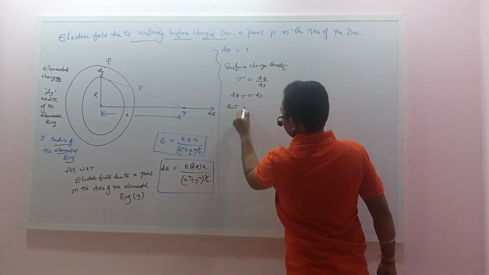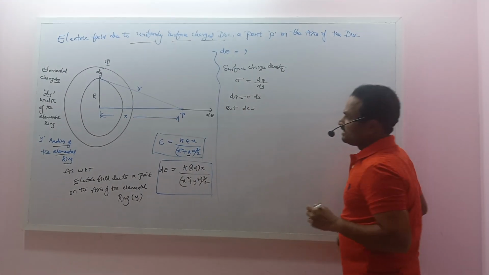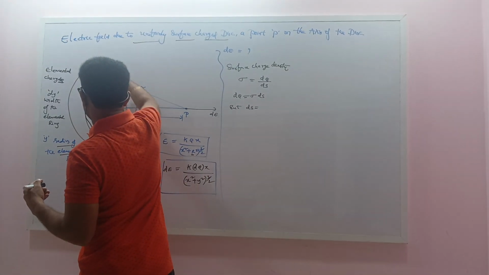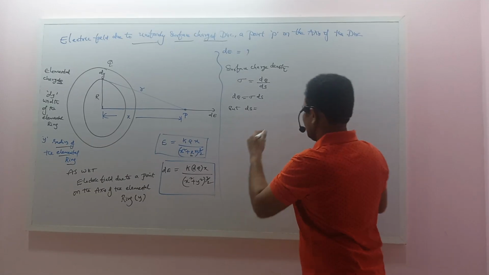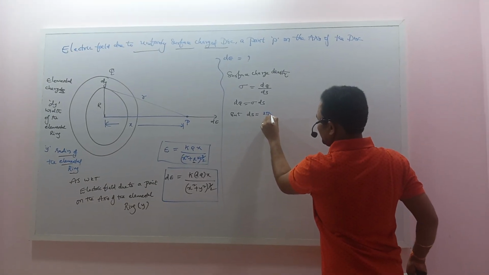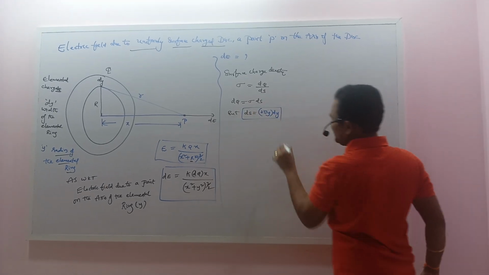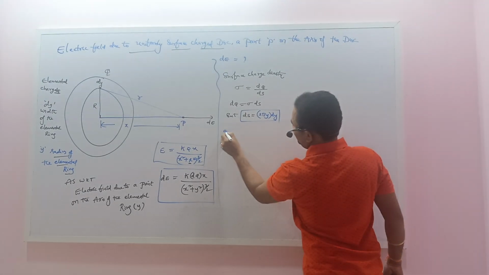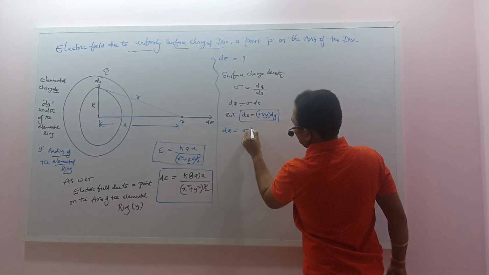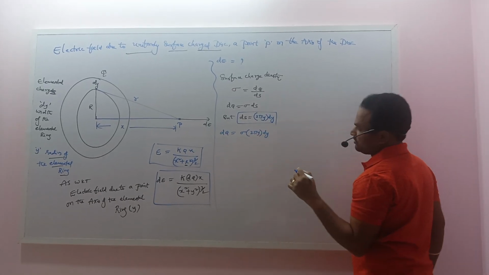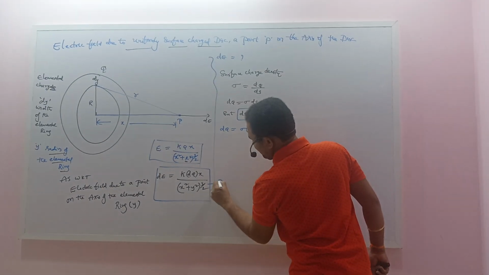Here ds is the surface area, the length of the elemental ring into its width. The length is 2 pi y and the width is dy, so ds is 2 pi y dy. So dq is equal to sigma into 2 pi y dy. This is equation number 1.